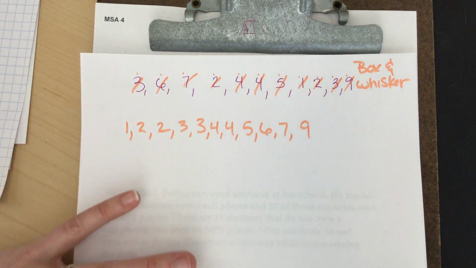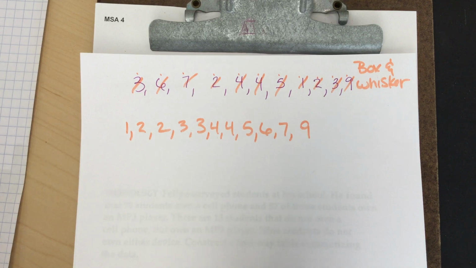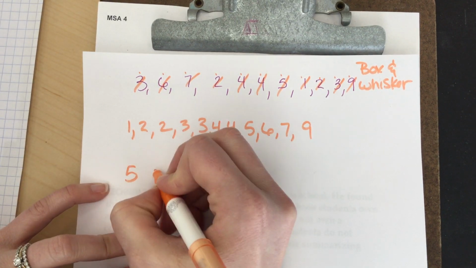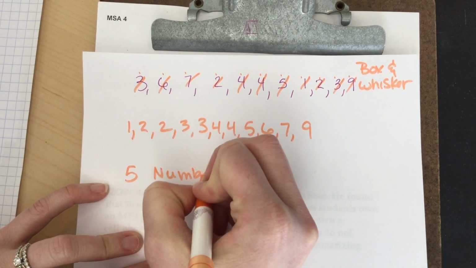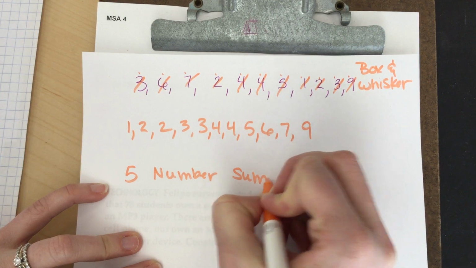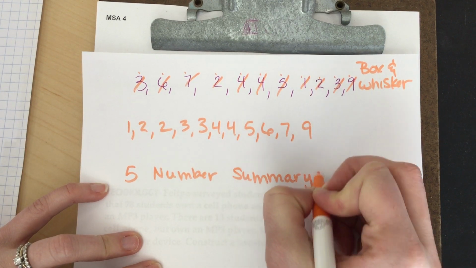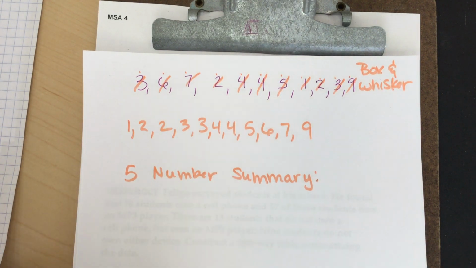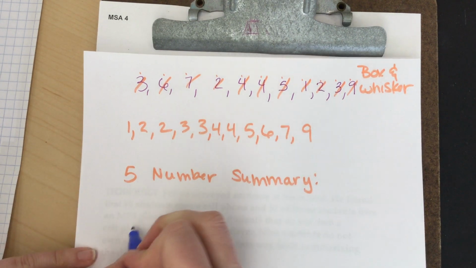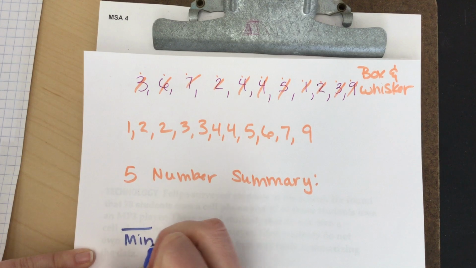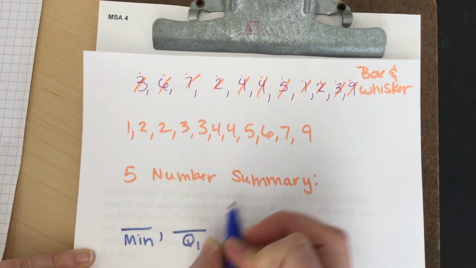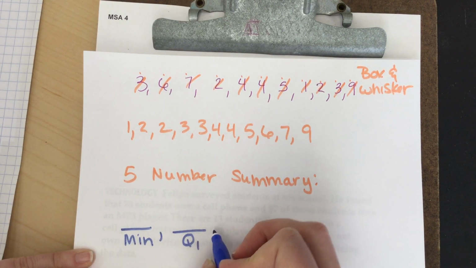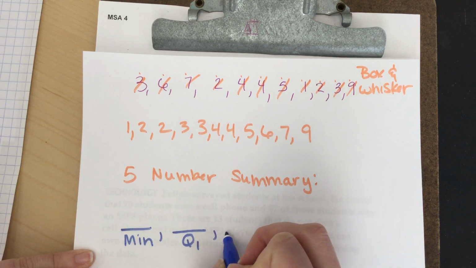So after you order them from least to greatest, we want to come up with our 5-number summary. There are obviously 5 parts of this 5-number summary. We have our minimum. We have Q1, which is the halfway point of the first half of the data.